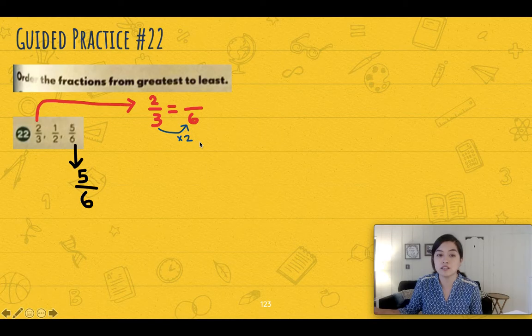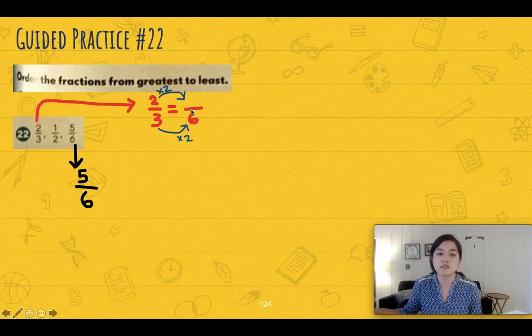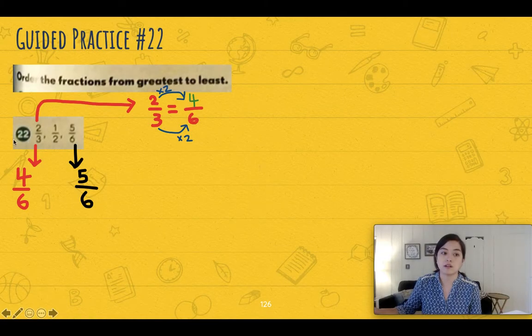Whatever I do to the denominator, I have to do to the numerator. 2 times what? I have to do 2 times 2 because that's what I did in the denominator. So 2 times 2 is 4. So my equivalent fraction of 2/3 is 4/6. So I'm going to write it here right away so I don't forget. There it is.